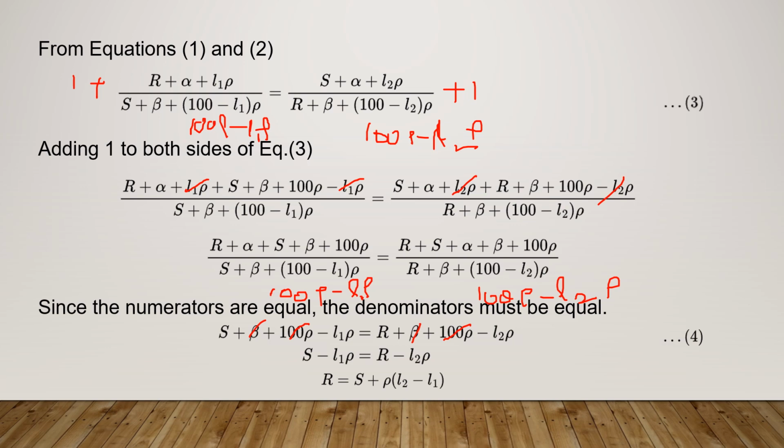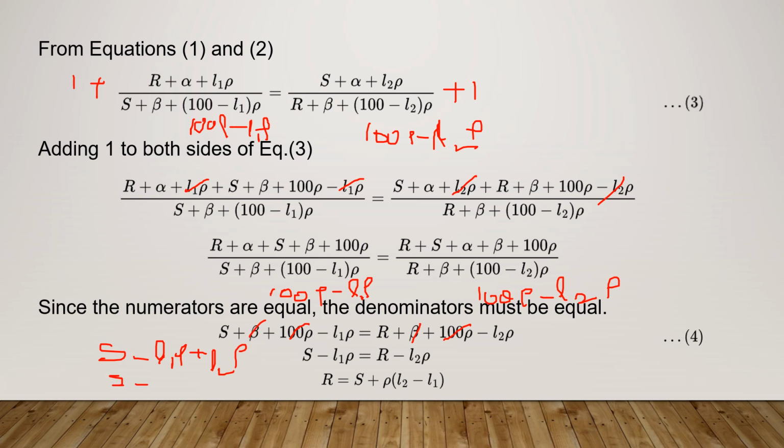So keeping R this side, we bring this L2 this side, and we get S minus L1 rho plus L2 rho.